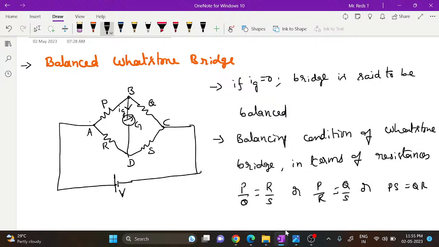If any of these conditions is obeyed, then the Wheatstone bridge is said to be balanced.